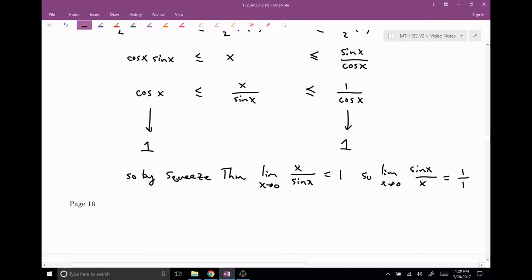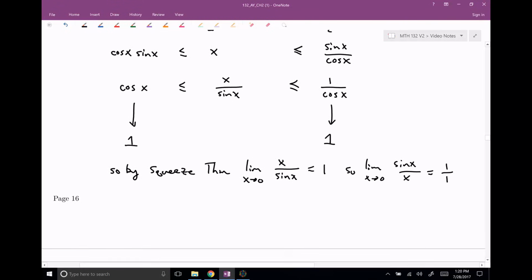That was one of these nice rules for limits that we can apply here. Again, 1 over 1 is just going to be 1. So this is the nice formal proof that the limit as x goes to 0 of sine of x over x equals 1. Notice we don't need these great graphing technologies and stuff like this. This is something that they were able to figure out many, many years ago, again, thanks to algebra and geometry.